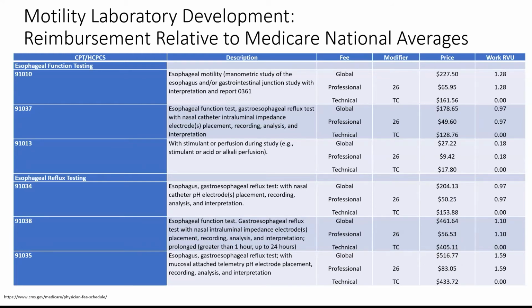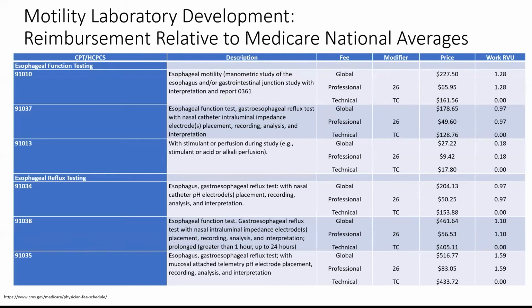When you're working through it, one of the things you want to talk about with your billing specialist is to make sure that your note incorporates all the very important aspects of each individual code. So for example, in 91037, inside the note, it must say something about reflux. And if it doesn't, it's really out of code if you ever got audited.